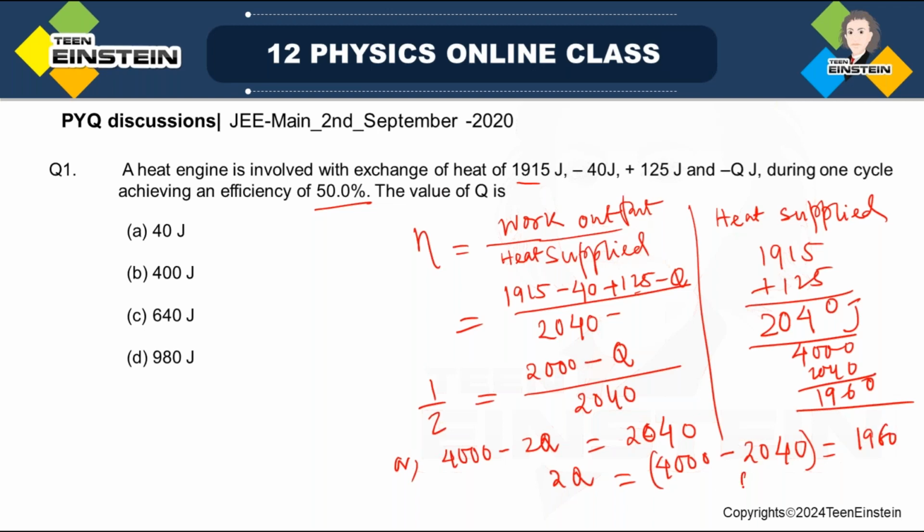This is equal to 2Q, so Q will be 980. So Q will be 980 joule. So this is the answer. Okay, so we had actually made a mistake yesterday with this addition. Okay, all right. Let us go to the next problem.